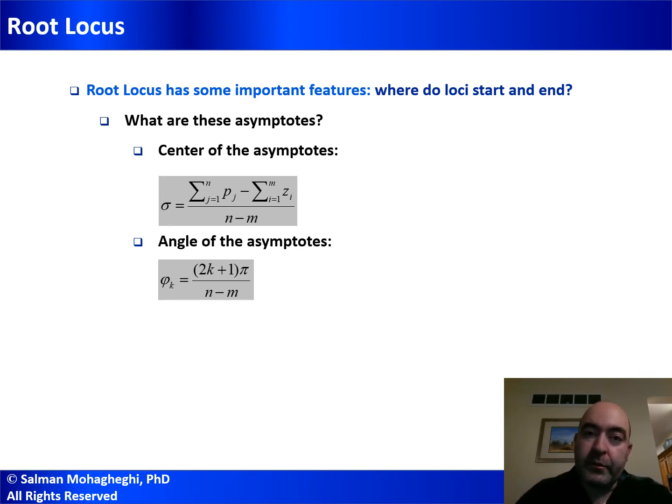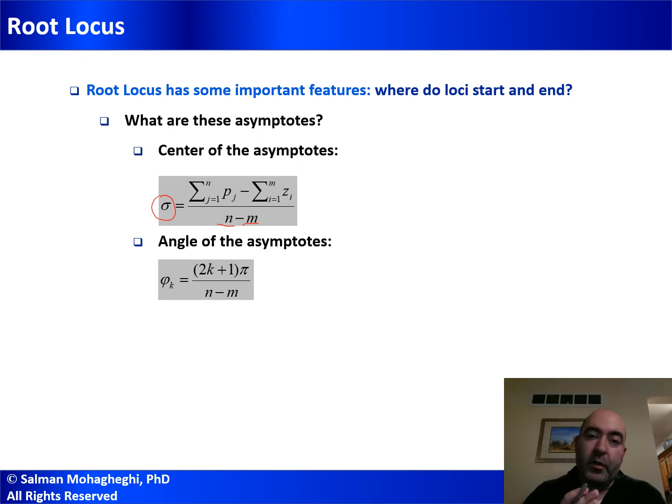All of them will intersect with one another at one particular point along the real axis. That particular point, sigma, is going to be the summation of all the poles of the loop gain minus summation of all the zeros of the loop gain divided by number of poles of the loop gain minus number of zeros of the loop gain.